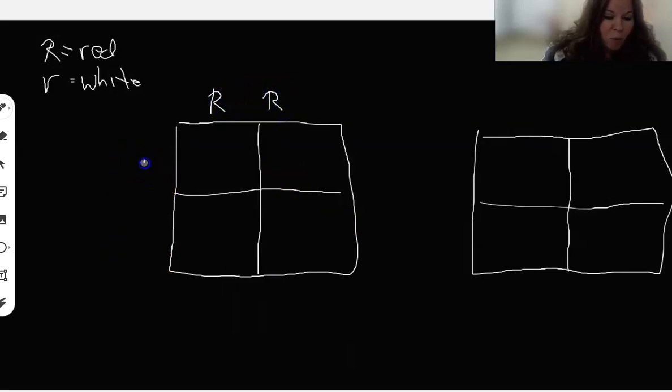The only way to have white eyes, if we're following the old rules, is having two little r's. And then filling in the boxes, I would expect 100% of the offspring to have the genotype big R, little r, and therefore 100% of the offspring to have red eyes.